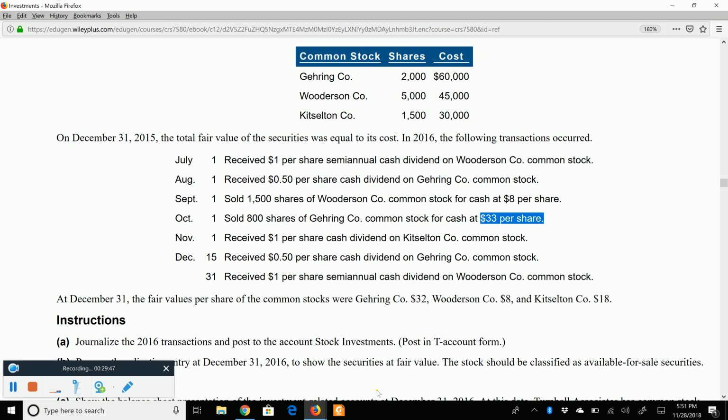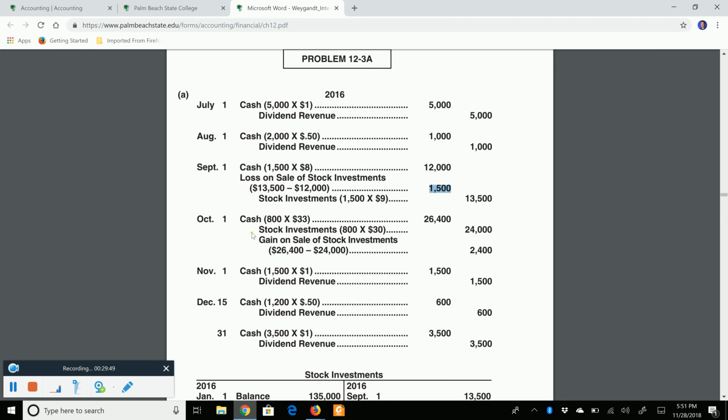Let's take a look at the journal entry. We sold 800 shares times 33. So we're going to increase the cash account with a debit, $26,400. But remember, we're only going to take it off our books with a credit to the investment: the number of shares that we're selling, 800, times our original cost. And we just concluded that our original cost was $30 per share.